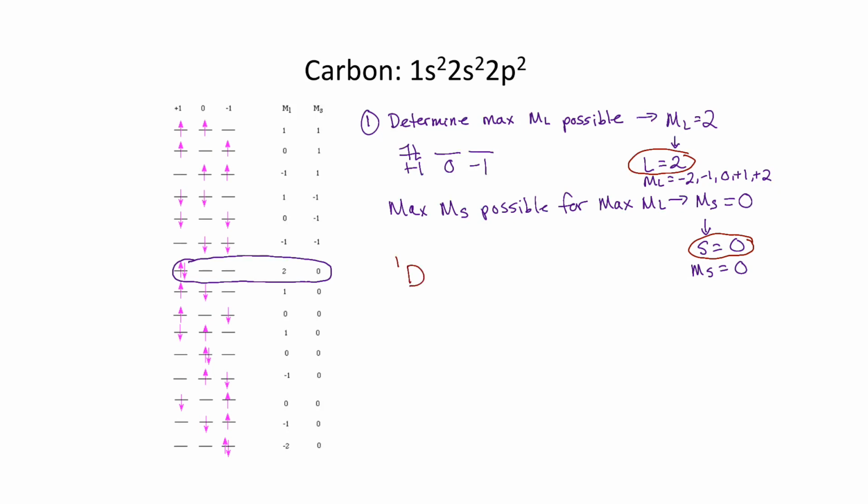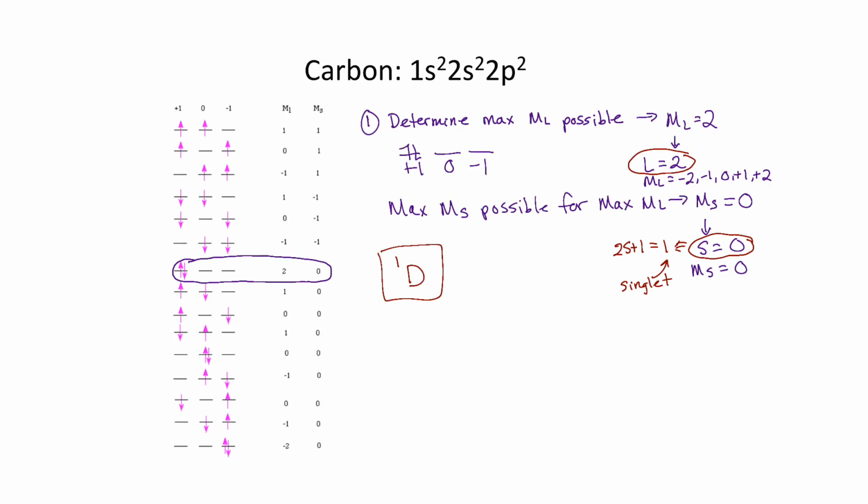So remember, the D comes from our L equals 2, so 2 corresponds to a D designation, and then our multiplicity up here in the corner comes from our 2S plus 1. Remember, 2S plus 1 here is going to equal, not 0, it's going to equal 1. So we get our singlet designation. Okay, so we get our singlet D term symbol for these cases.